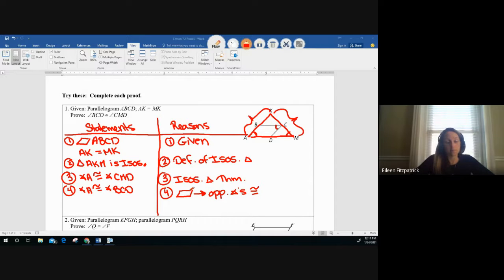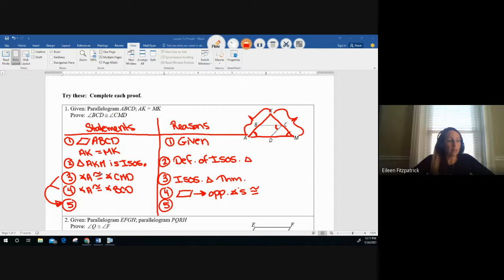Again, it's basically saying because I was told I have a parallelogram, I'm allowed to conclude that the opposite angles are congruent. That's one of the theorems we learned. All right, hopefully you're seeing how this is coming together because this is not obviously our first proof we've ever done. Take statements 3 and 4 to come up with statement 5.